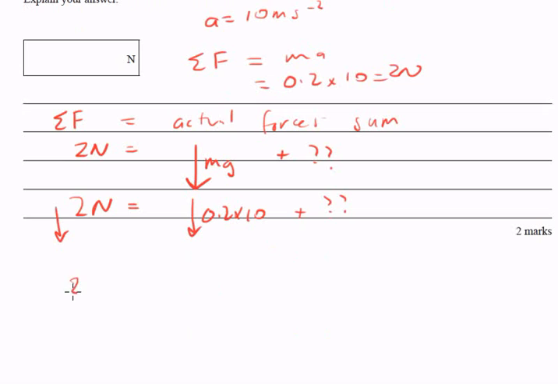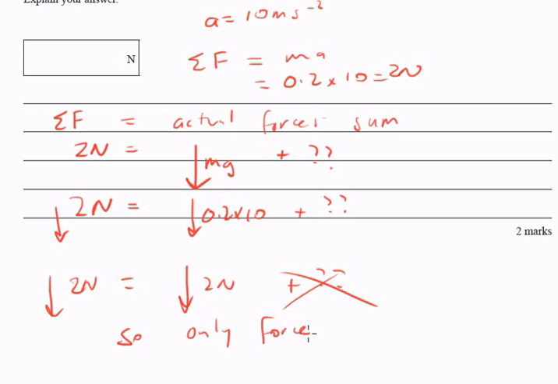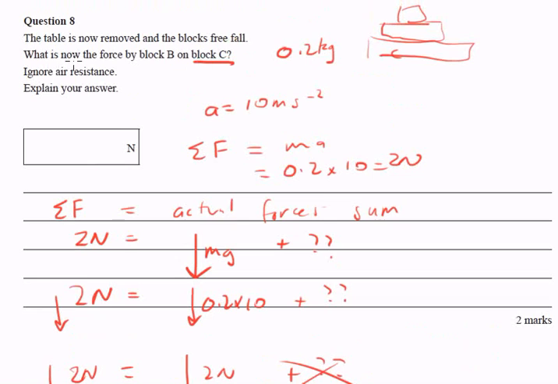So therefore 2 newtons equals 2 newtons plus any others? No others, because 2 newtons equals 2 newtons. So the only force is gravity. And therefore the force by B on C must be 0.